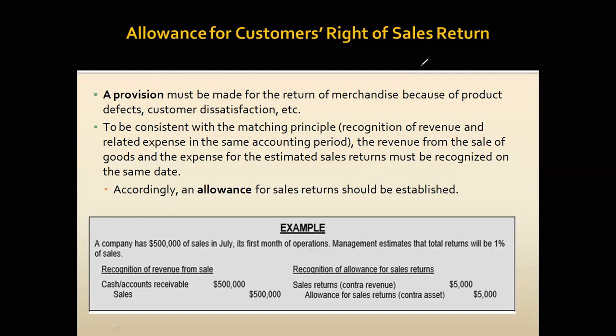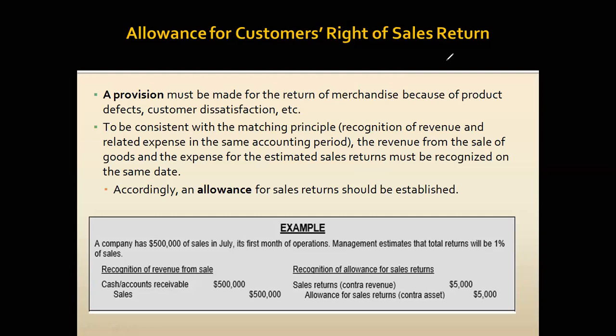Later you will see we will calculate the provision for sales return. Why are we creating the provision for sales return? There again, I am trying to follow the matching concept.